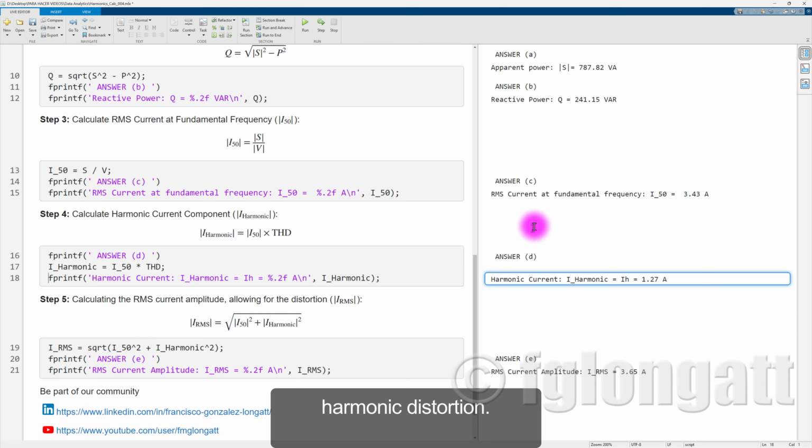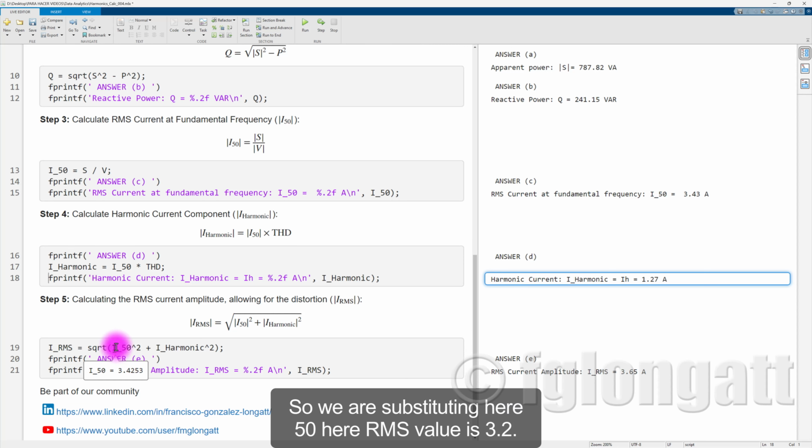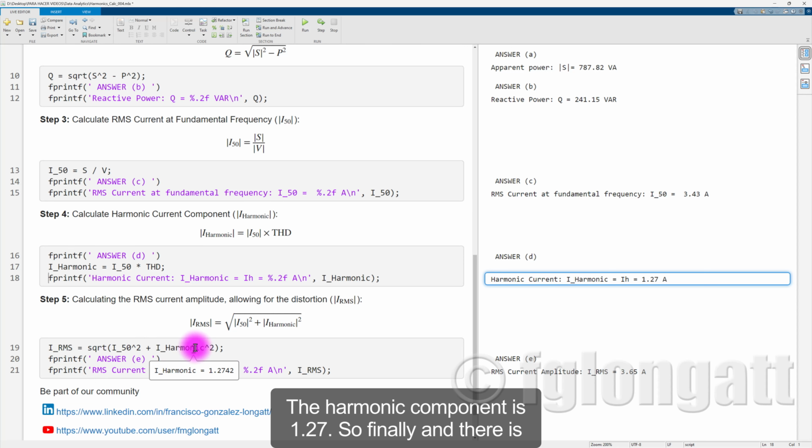Finally, the final very interesting question is related to the RMS current, but in this case including the harmonic distortion. We can obtain the RMS value of the current, including the harmonics, by combining the square root of the sum of the squares of the 50 hertz and the harmonic components. So we are substituting here the 50 hertz RMS value, 3.43, and the harmonic component, 1.27.